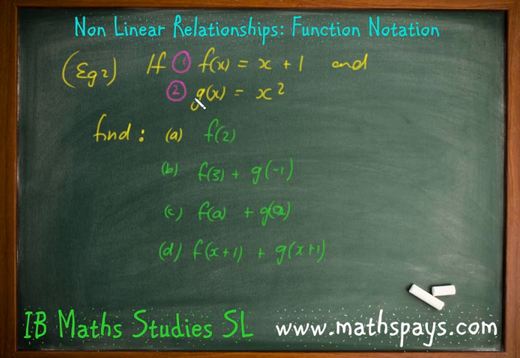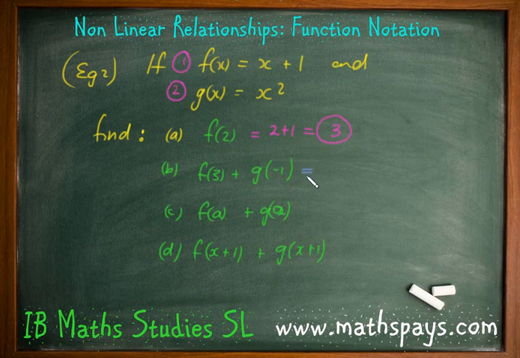The letters f and g just refer to the two different functions. So when I get the question find f of 2, I know exactly which function to sub into. It's the first equation. So f of 2 equals 2 plus 1, which is equal to 3. Not particularly hard.